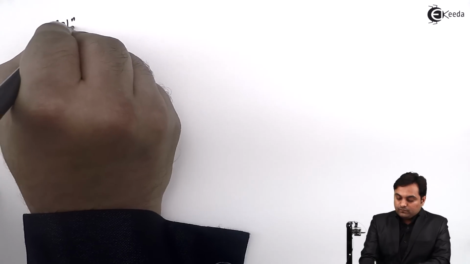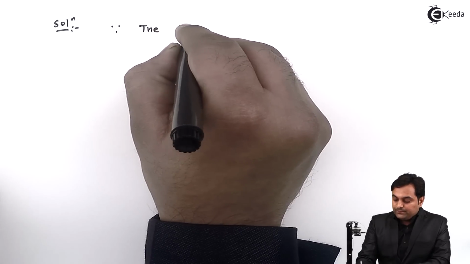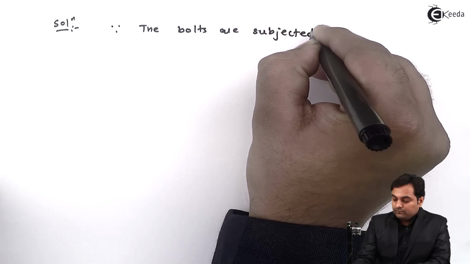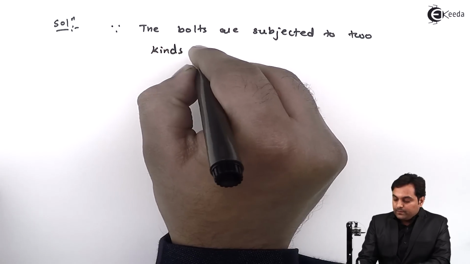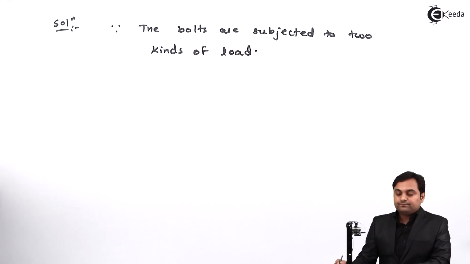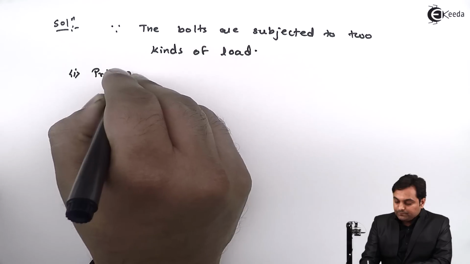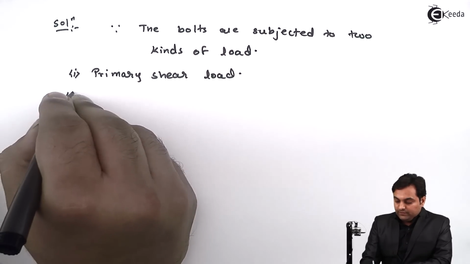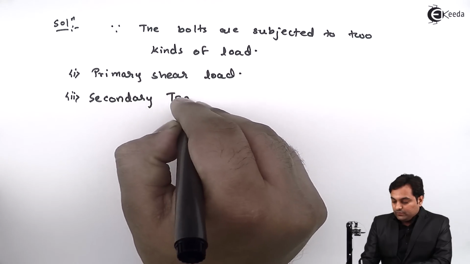So we can say that in solution, first of all, since the bolts are subjected to 2 kinds of load. The first one is called as primary shear load. Second one, it is secondary tensile load.